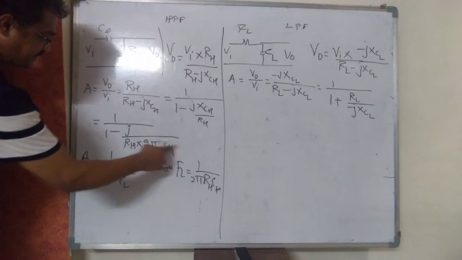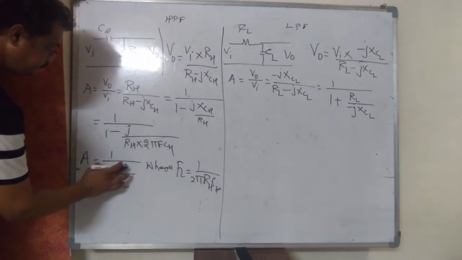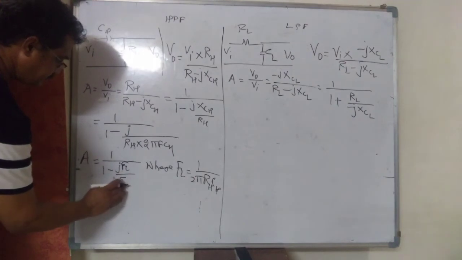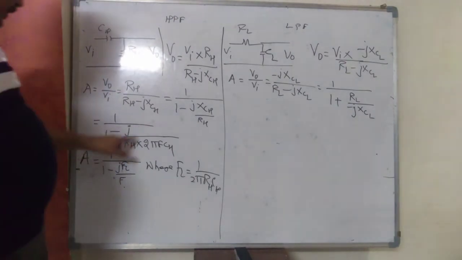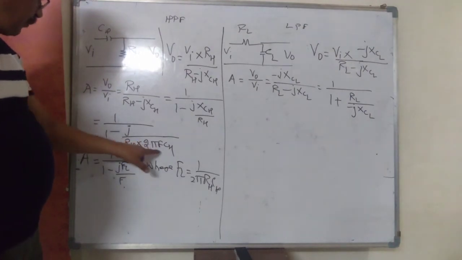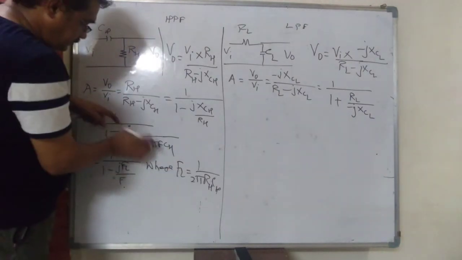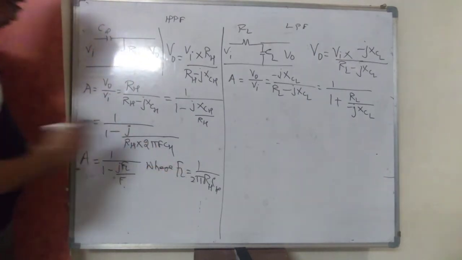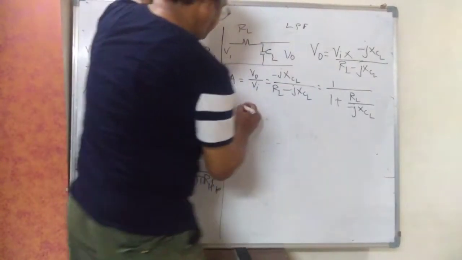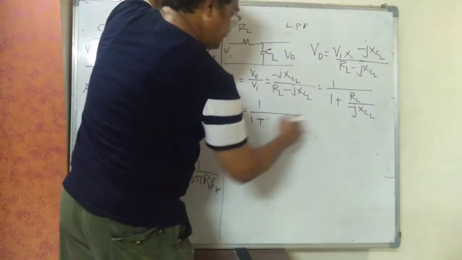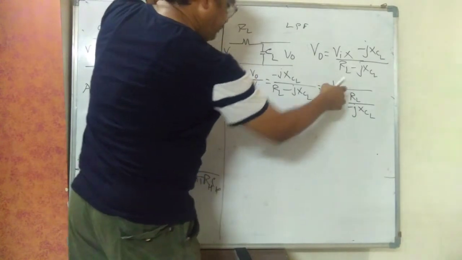One upon 2 pi RC, I have taken it as Fn. So minus j upon F, these two terms are left, and 1 upon 2 pi RC I am putting as Fn. To this, XC is 1 upon 2 pi FC, 1 upon 1 plus, if j is taken in the numerator, minus j will be plus j.